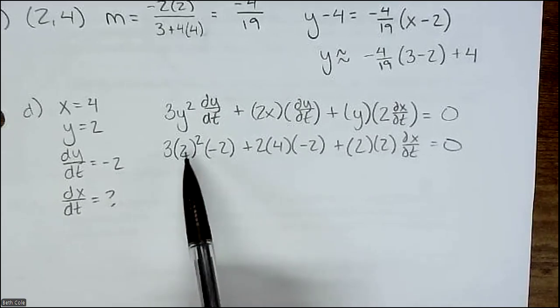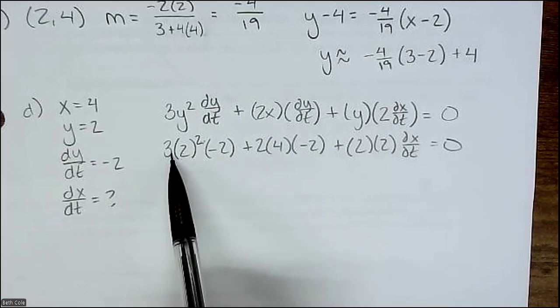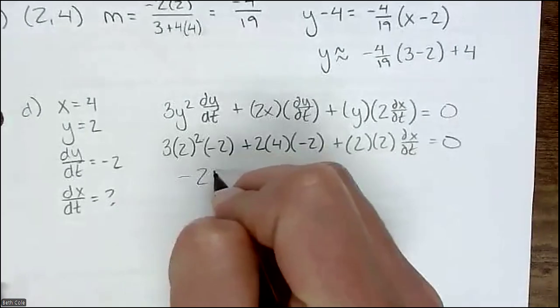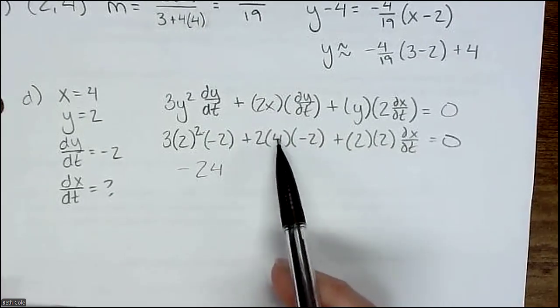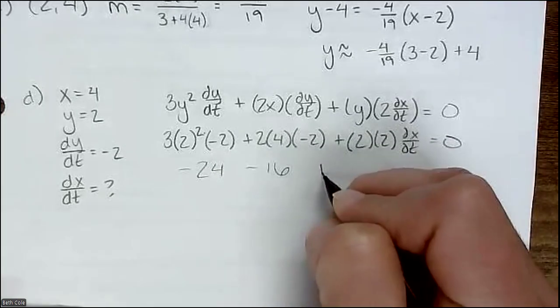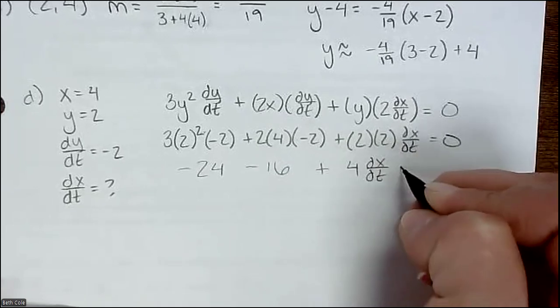2 squared, 4 times 3, 12 times -2. So -24. And then this part, 2 times 4, 8 times -2, -16, plus 4 dx/dt equals 0.